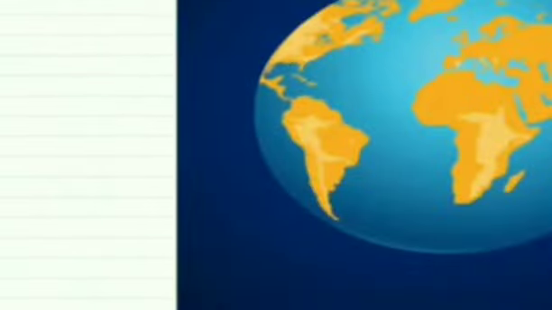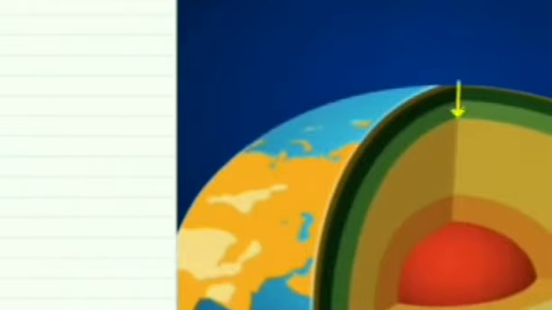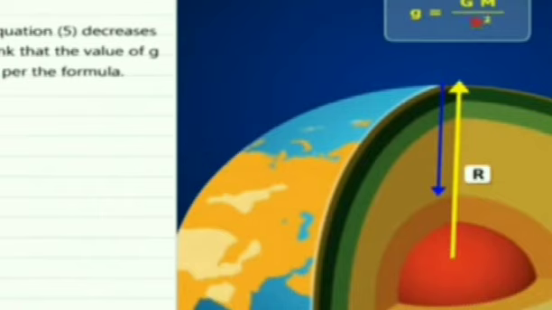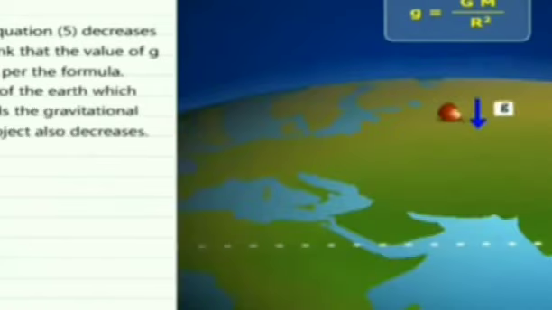C. Change with depth. The value of g also changes if we go inside the Earth. The value of r in equation 5 decreases, and one would think that the value of g should increase as per the formula.